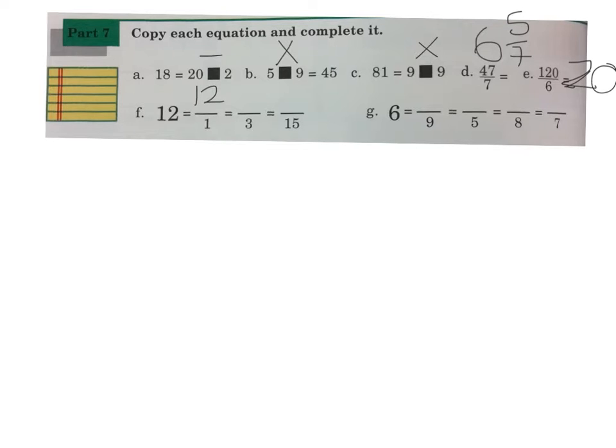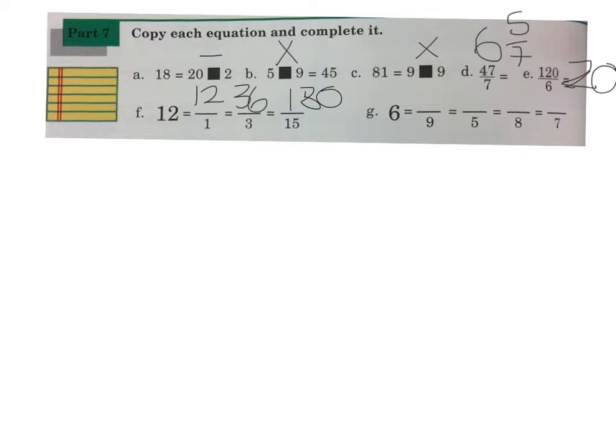In order to figure out when I have a denominator of 3, I have to do 3 times 12, and 3 times 12 gives me 36. For the next one, I would have to do 15 times 12 in order to figure out the top number. And once I do that, I have 180. All right.